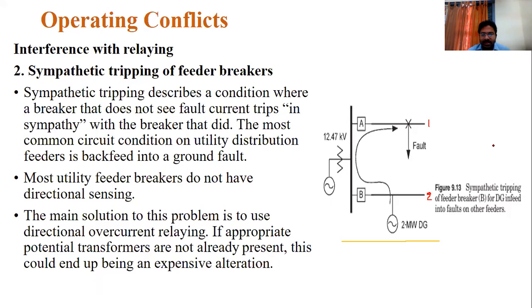You can assume any generating plant that is near to the load locations, and at the same time the capacity of the plant is below 10 megawatt, as a distributed generating plant. So here in feeder 2, we are going to connect the 2 megawatt plant near the load locations.